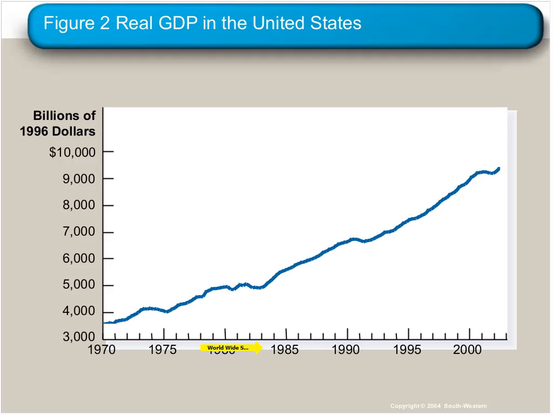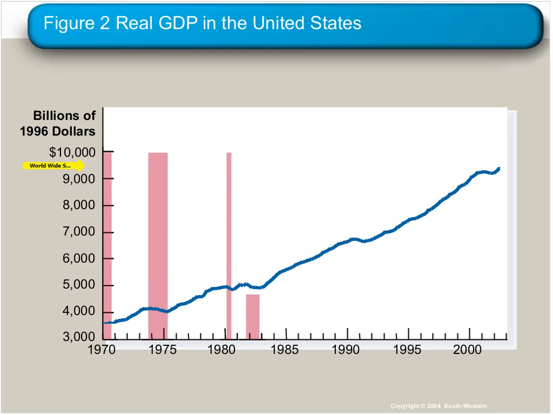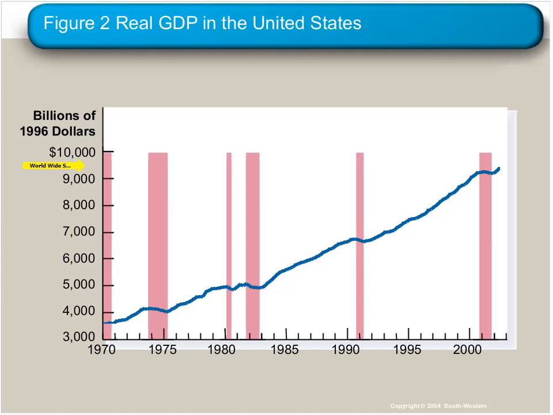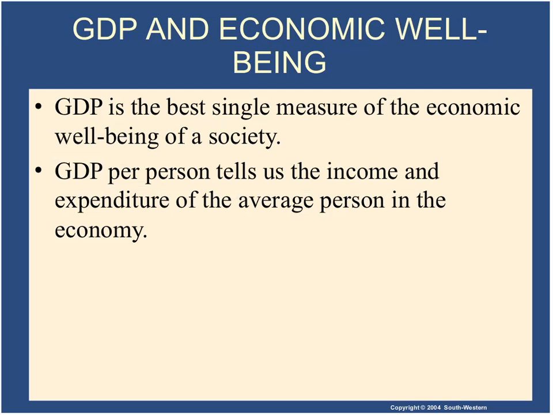You see 2019, 2000, and around 2004. This is the real GDP in the United States. In different years our GDP changed, and in 2000 it was at maximum.